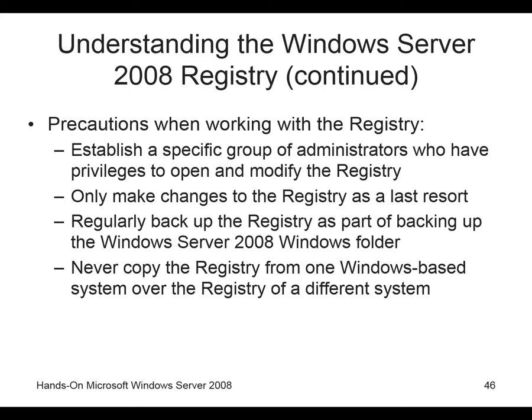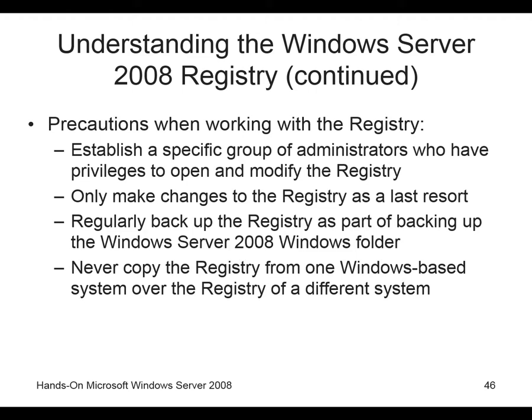Precautions with working with the registry. You want to make sure you only have certain people that mess with your registry. Only make changes to the registry as a last resort, if at all possible. Regularly back up the registry as part of your backup, and never copy the registry from one Windows-based system over to the next one. Why? Almost no computer is exactly the same as the other.